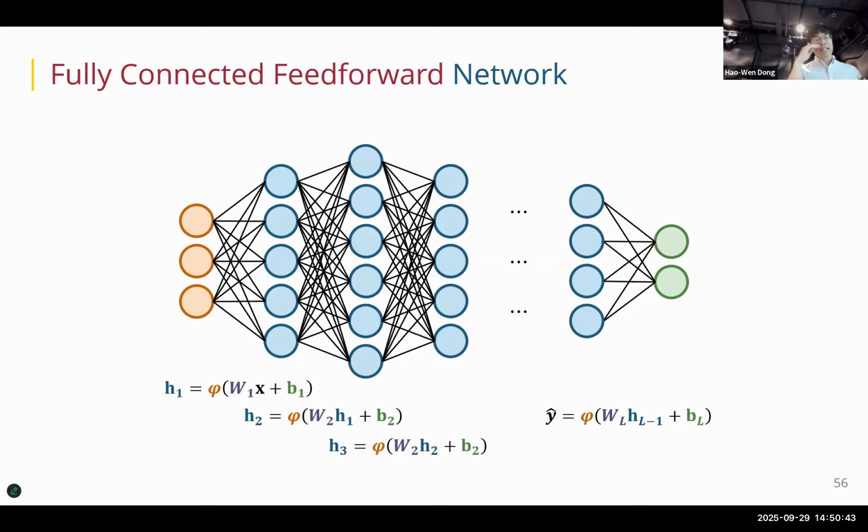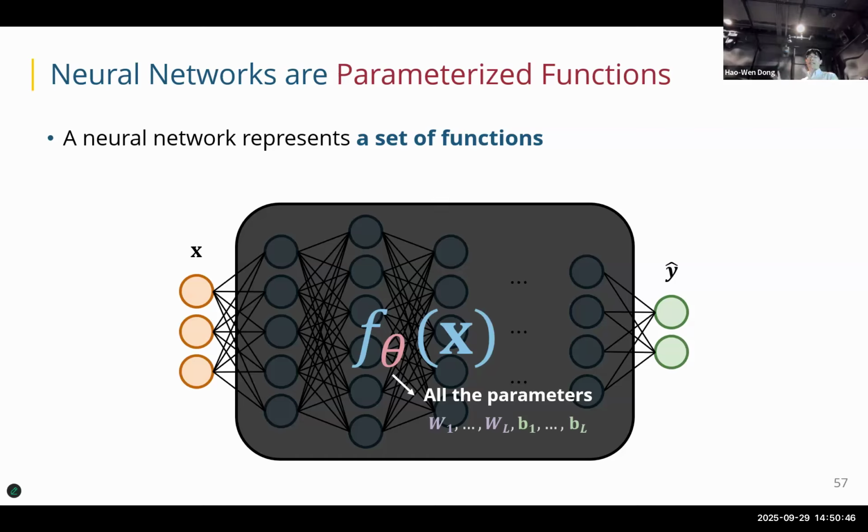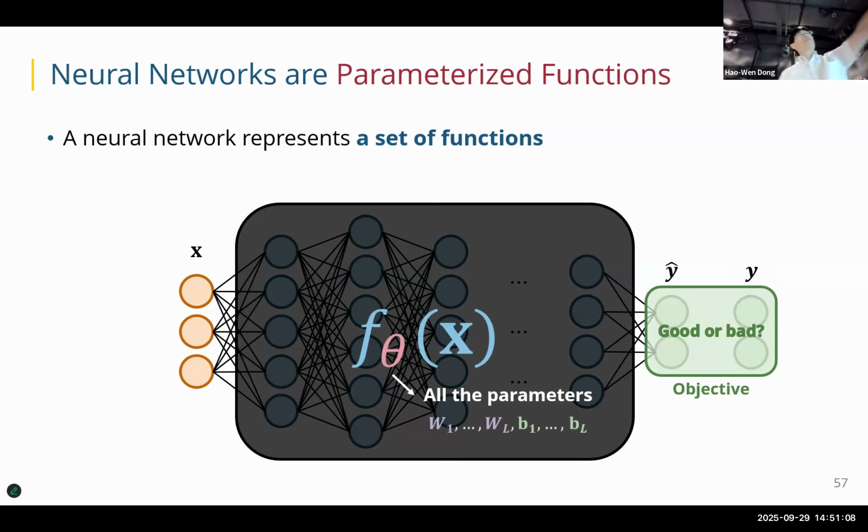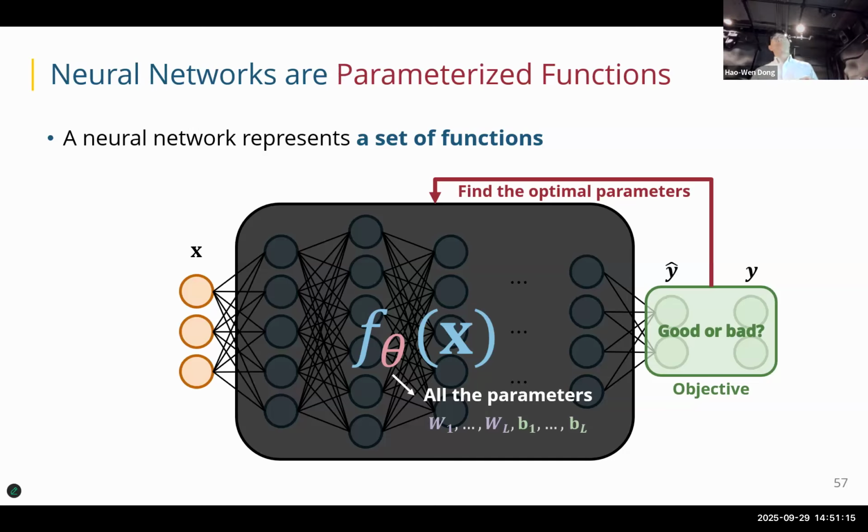The most important part is that a neural network represents a set of functions rather than one single function. So each single combination of parameters, weights, and biases will determine a specific function. And our goal is to compare the estimation to the actual ground truths from your data so that you determine whether it's good or bad, and you use those to optimize or train the model to find the optimal parameters that define the best function.